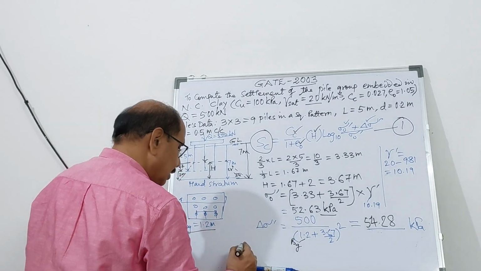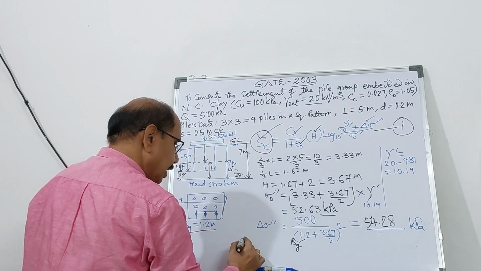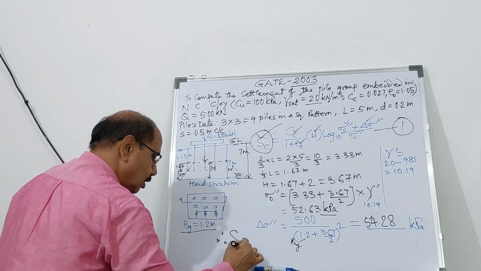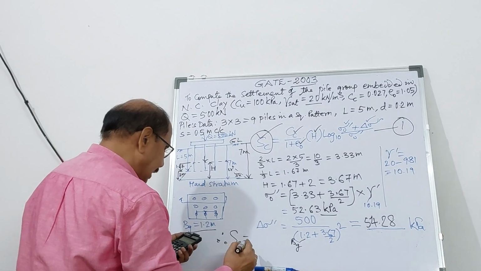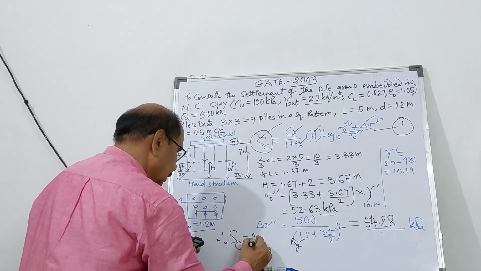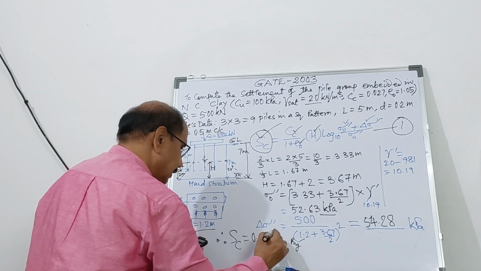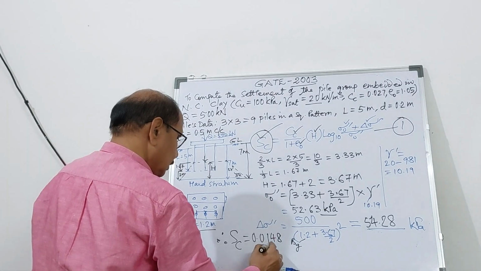So therefore, I get the total settlement of the pile group as 0.0148 meter.